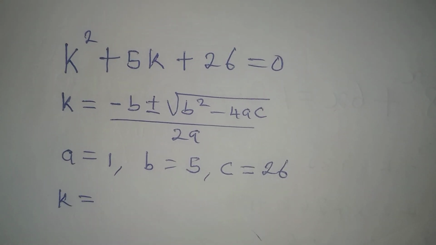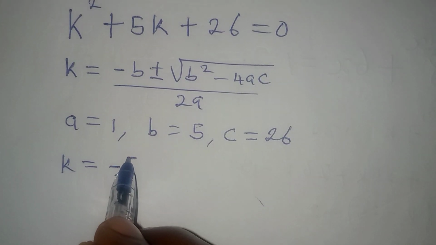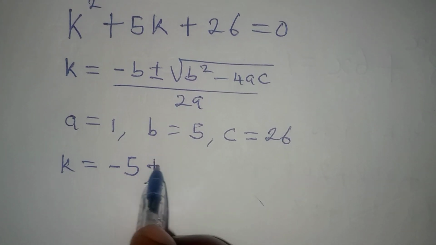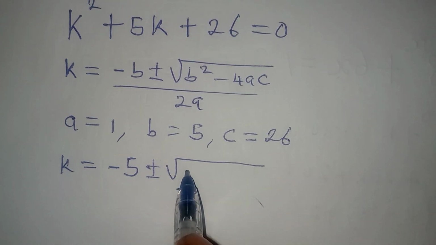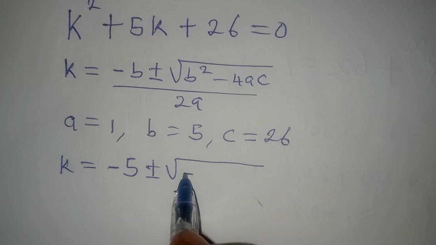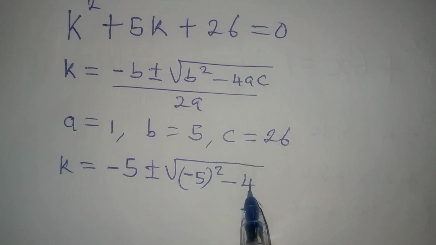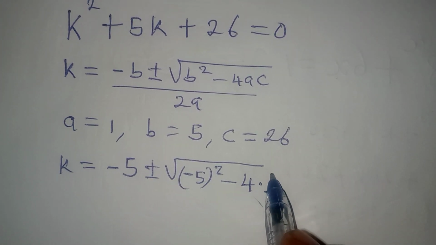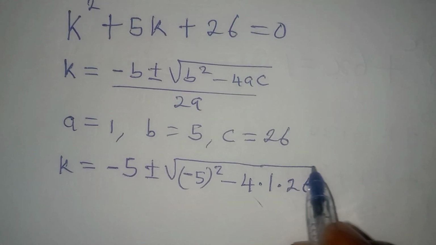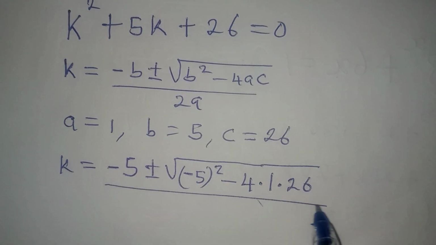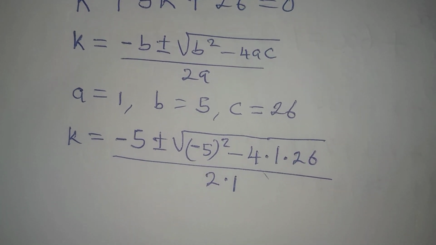K will be equal to minus 5, because b is 5, positive or negative. We have square root of b squared, that will be minus 5 squared, then minus 4 times a is 1 times 26 for c, and the whole of this is over 2 times 1, which is 2 times a.